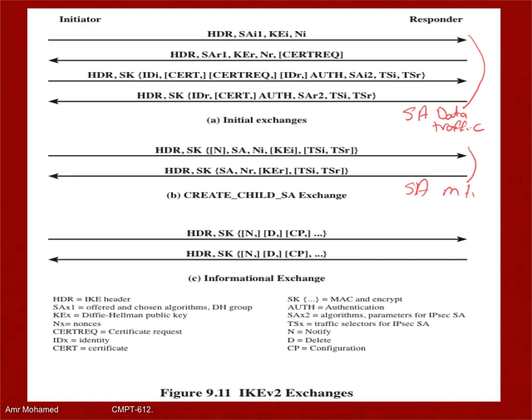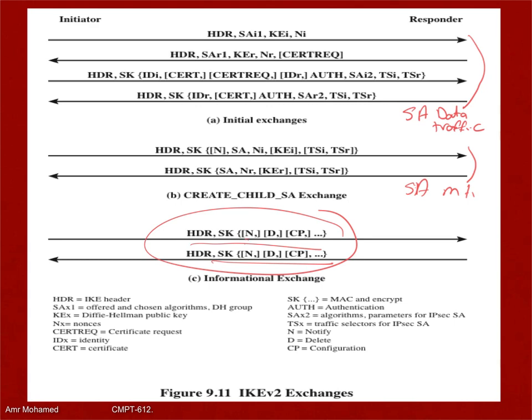And this is the actual management traffic. The data traffic is not in this graph. So these are the messages that get sent, and this is like ND, and we'll talk about this. So this is at a high level.